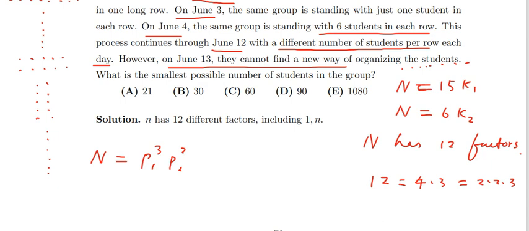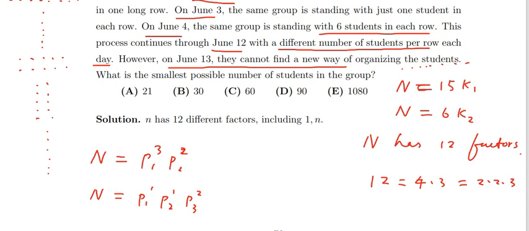If n equals p1^3 times p2^2, then n has 12 factors, right? Or n can be like p1 times p2 times p3 squared. Then this n also has 12 factors.